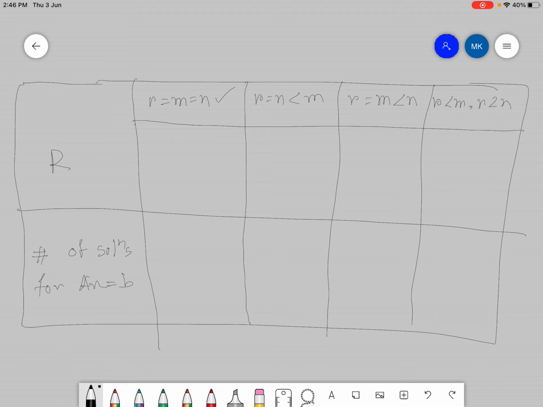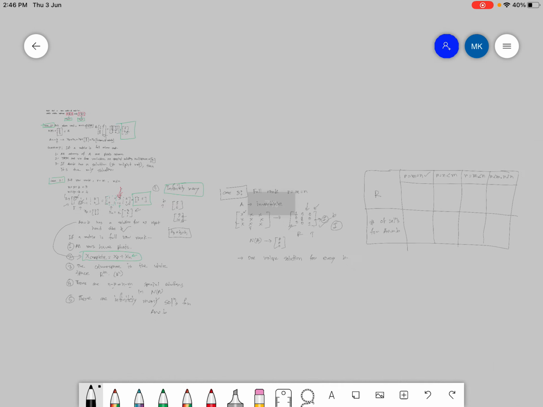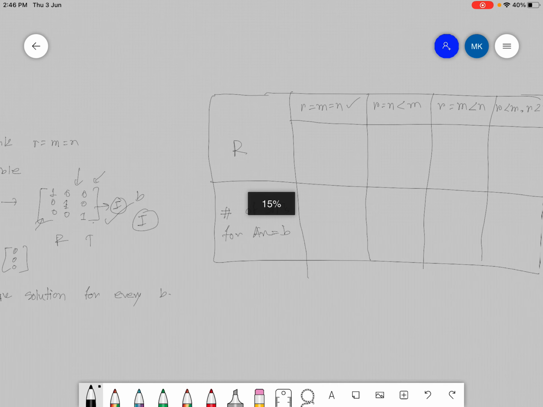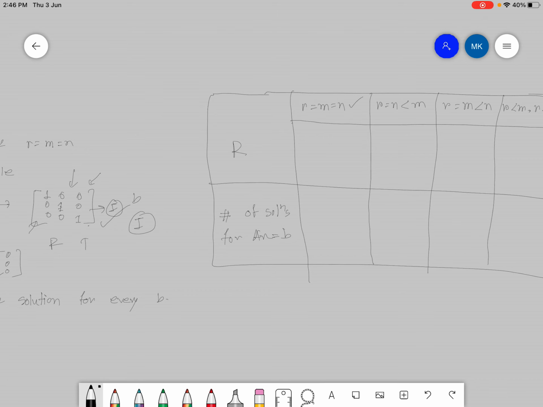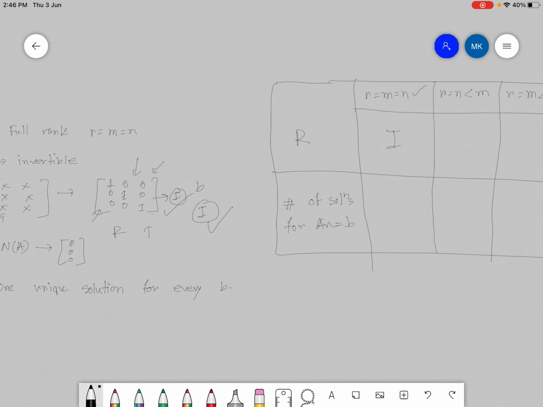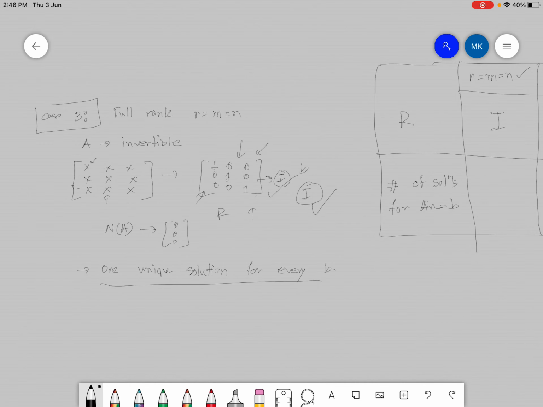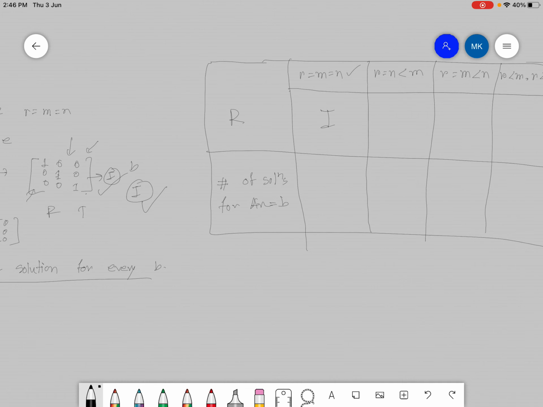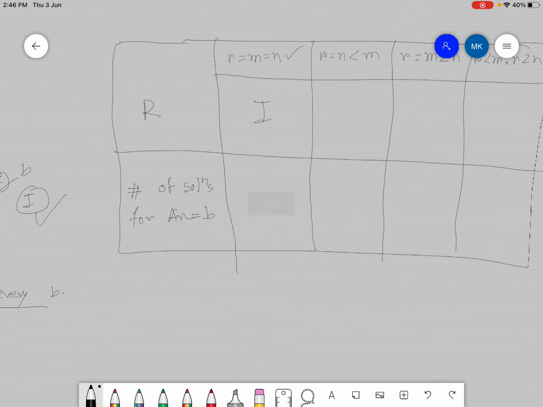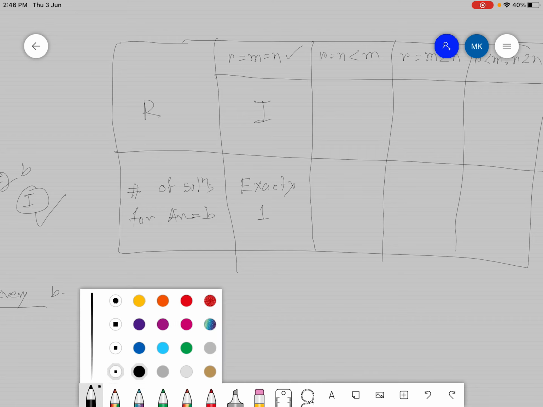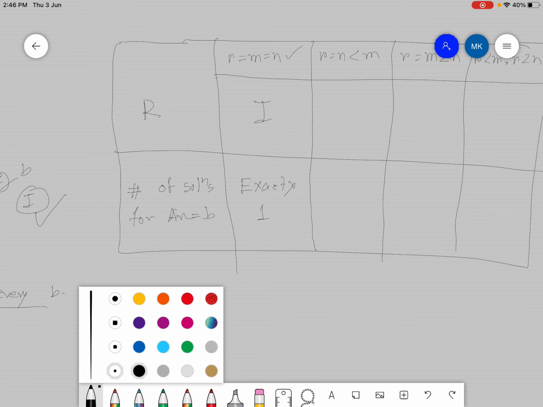So in case of r equals m equals n, we saw that the row reduced echelon form takes the structure of I, and how many solutions are there? There is one unique solution for every B. So the number of solutions is exactly 1.